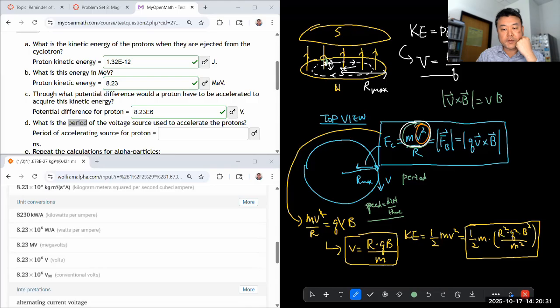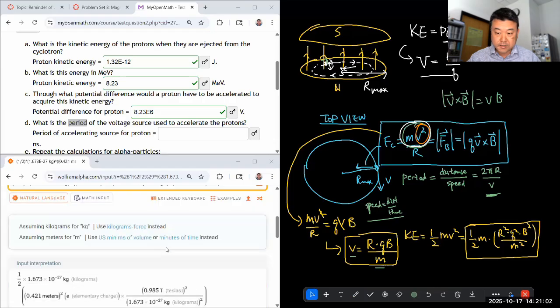Solving this for time, the period should be distance, which is going to be the circumference, divided by speed, which ought to be this v that I already worked out. The circumference should be 2 pi r, and the speed will be this v. Once I have this much written out, the rest I can just do in Wolfram Alpha.